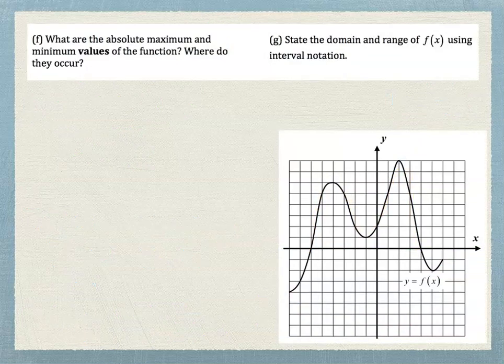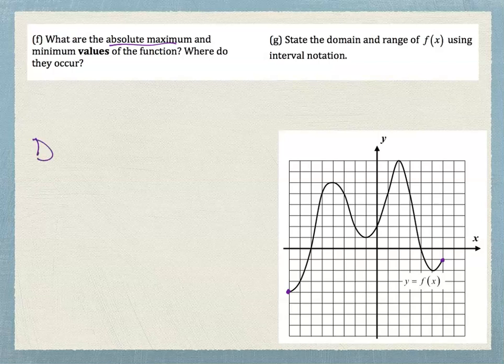We just did the absolute minimum on the last page, but let's remind ourselves. This was the absolute minimum, and this was the absolute maximum. We wrote those down on the other page. Now the domain and range. Since there are no arrows, I'm going to assume that this is closed and this is closed for the purposes of this conversation.